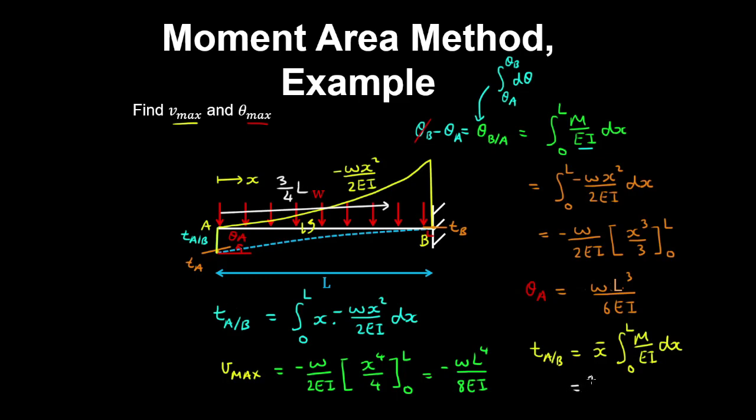So therefore we have 3/4 L, and that's multiplied by this integral, which we already evaluated, which was theta B relative to A, of minus wL cubed on 6EI. So doing the algebra will give you the same result.